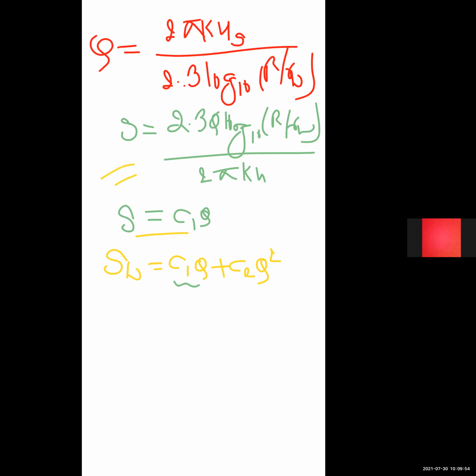So this is the aquifer loss and this is the well loss. This aquifer loss is also called formation loss.